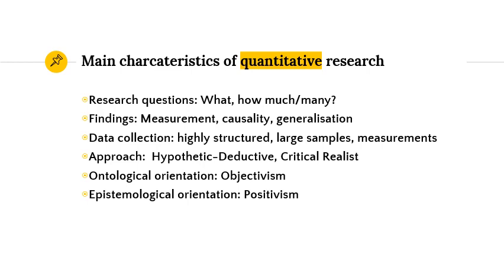in general, which means that we're going to have a hypothesis and we are going to try to test it. We're going to try to know whether this is true or not.